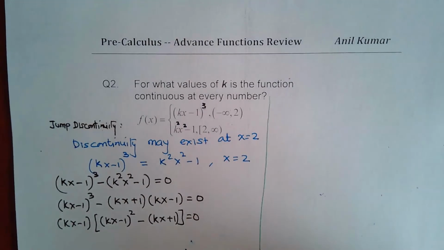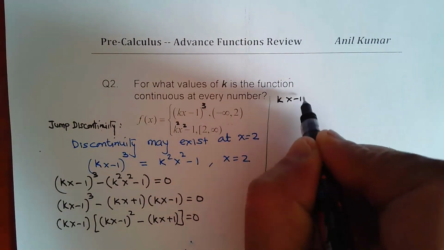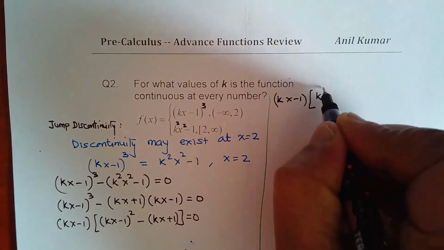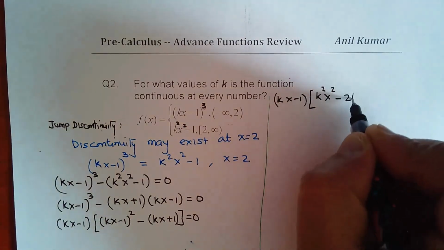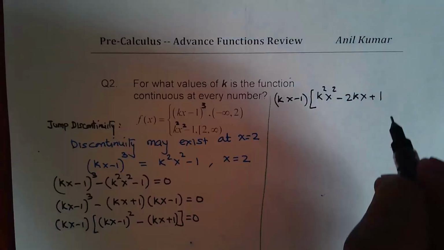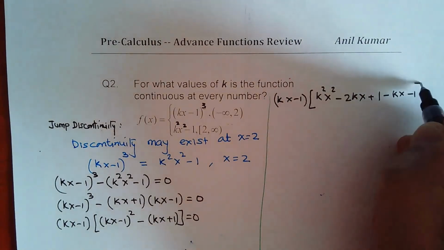So we have kx minus 1 as one factor, and if I expand this, I get k squared x squared minus 2kx plus 1, and opening this bracket, I get minus kx minus 1 equals to 0.